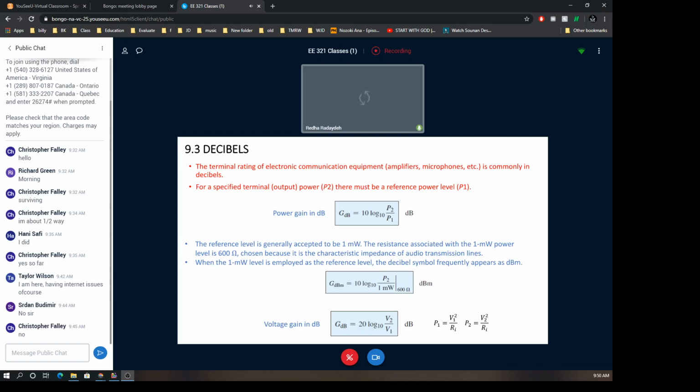Why do we have a 20 here instead of 10 as we had before in the power calculation? Because the voltage is proportional to the square root of power, or power is proportional to the square of the voltage. If you look at the slide, you have the power related to the voltage square, as we know.